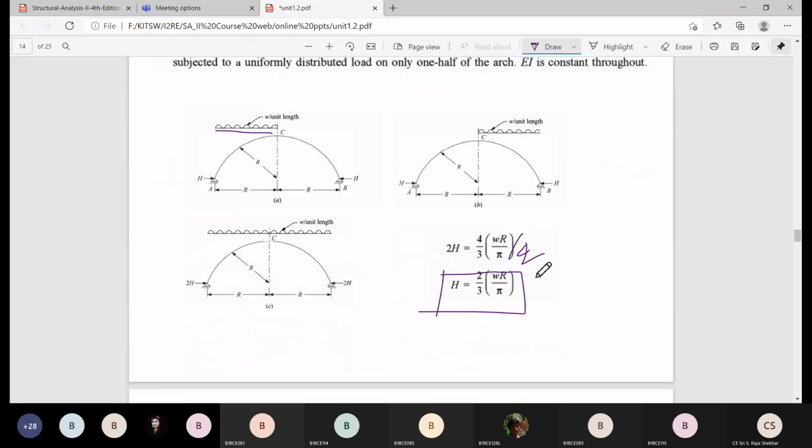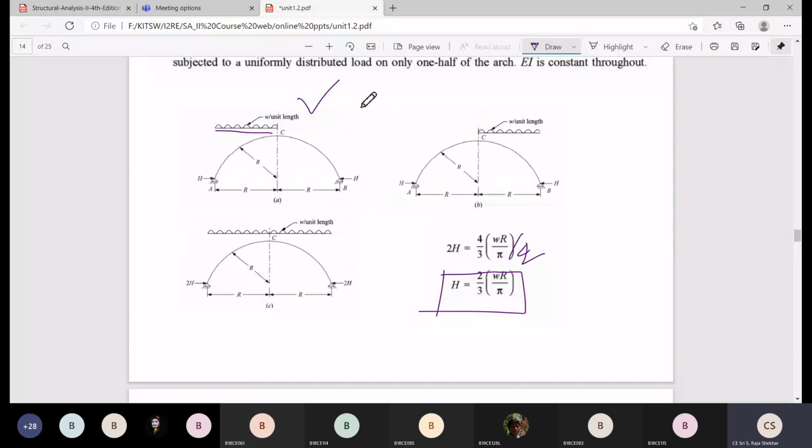So this is the first figure. Actually, we need to calculate the horizontal thrust for this loading. Analyzing this problem directly is very difficult. For that, I am considering a uniformly distributed load on the right side also, of the same magnitude.